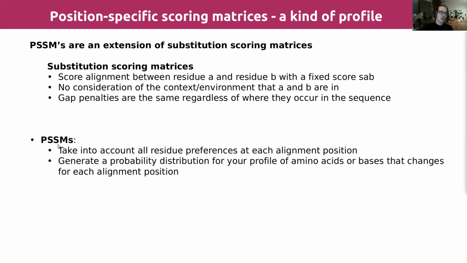Position-specific scoring matrices, on the other hand, take into account all of this spatial preference; the position information matters. It's similar to a regular substitution scoring matrix, so you're still going to have substitution scores for each amino acid pair. But here we're thinking instead about the probability distribution for your profile of amino acids and how it changes at each alignment position.